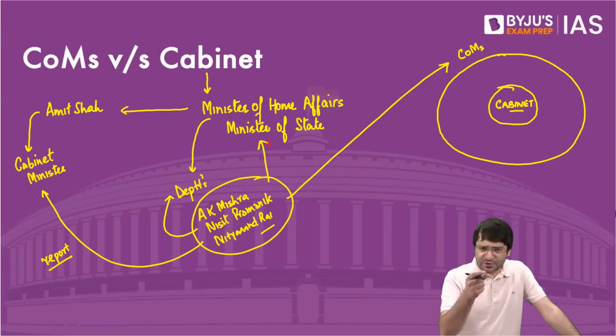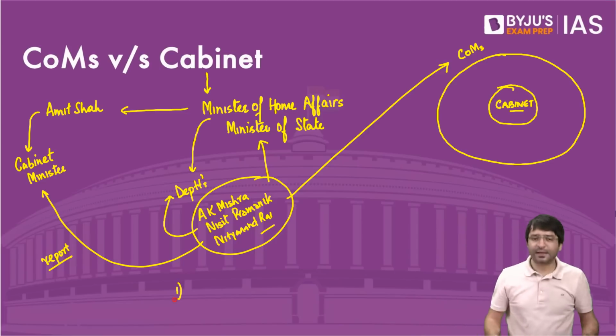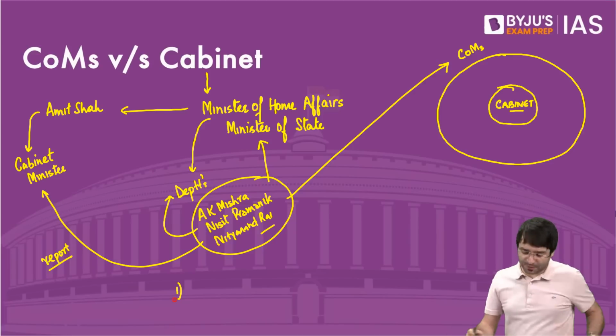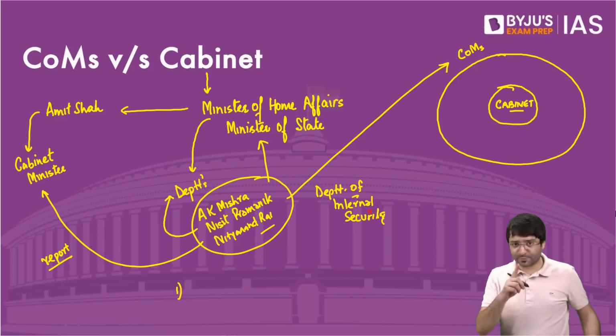Now let's imagine two situations here. Situation number one. Let's say in the Ministry of Home Affairs, we have 6 departments. And there is one department known as Department of Internal Security. Listen to me carefully.